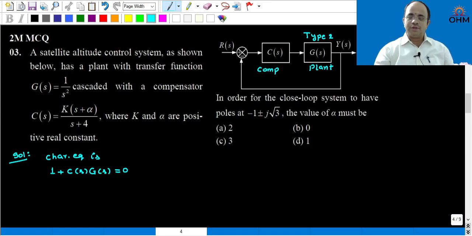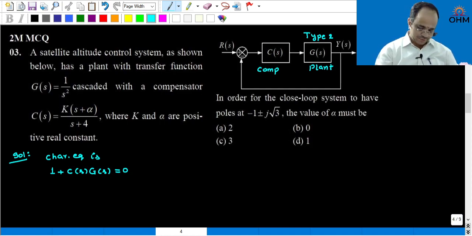Therefore, in order to stabilize the system, we must use a lead compensator. Then only the root locus diagram will be pulled into the left hand side of the s plane. Therefore, C(s) must be a lead compensator. Lead compensator means alpha should be less than 4. Even all options are given in the same way.